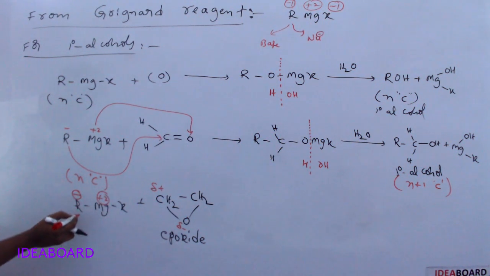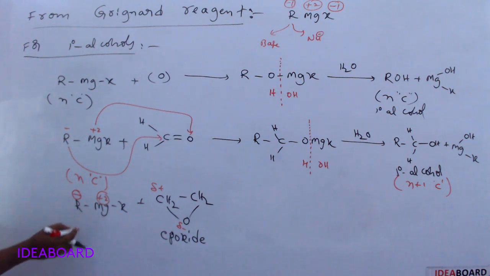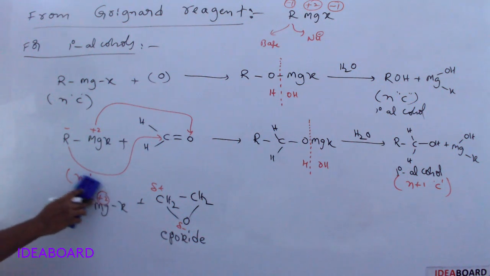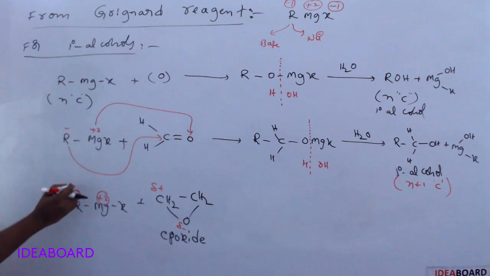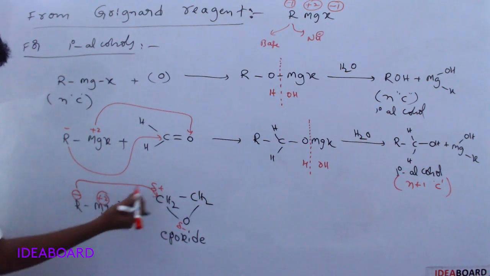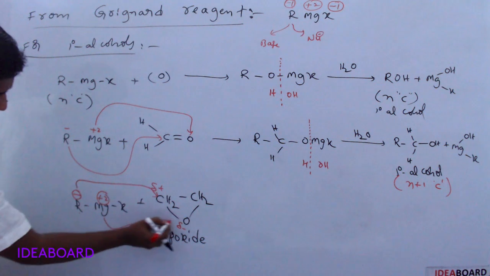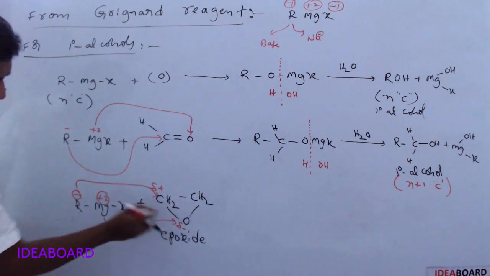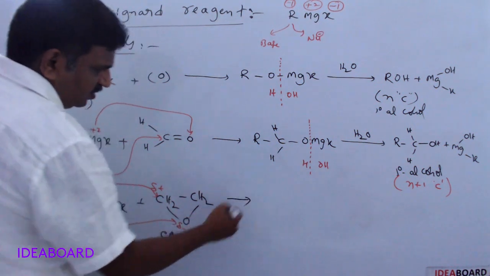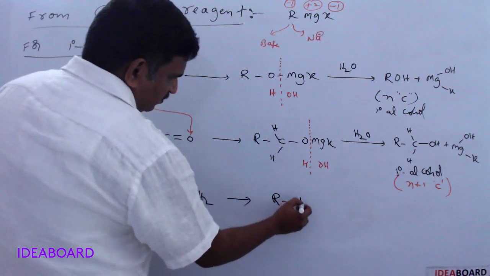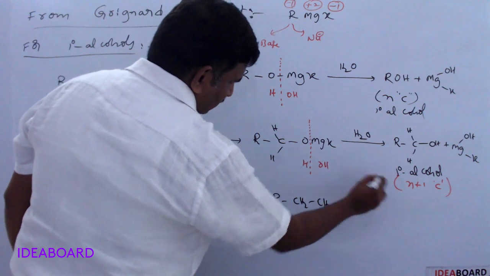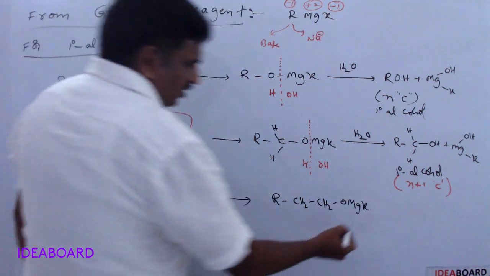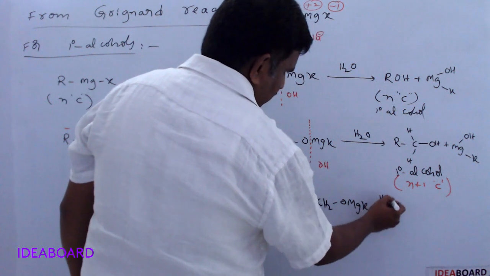So the alkyl group attacks the carbon atom and the magnesium attacks the oxygen atom, and this bond dissociation occurs, and finally RCH2CH2OMgX is formed. Then hydrolysis occurs.